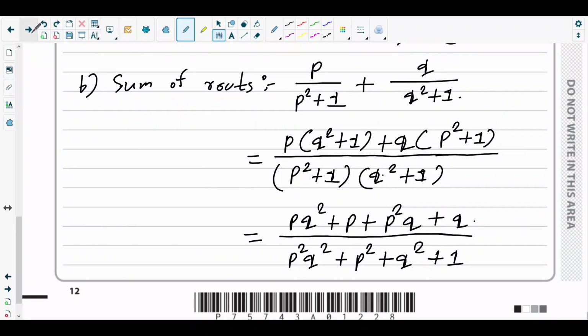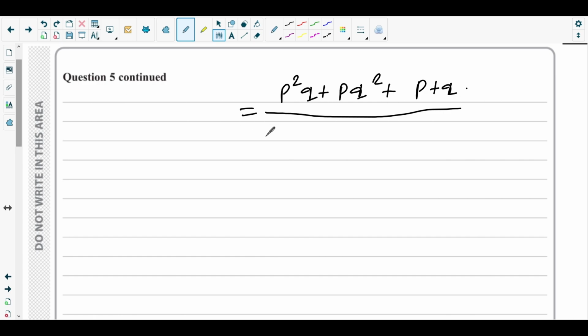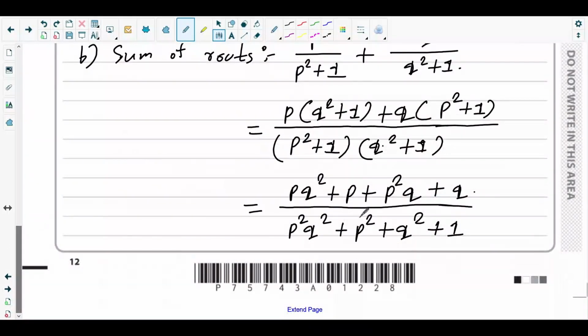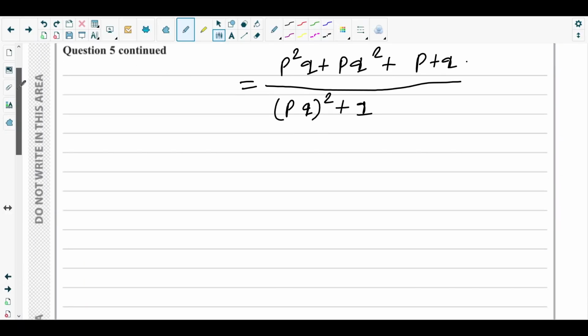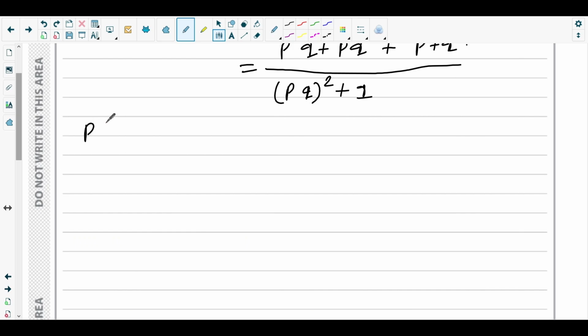Let me show you. p squared q squared can be kept as pq whole squared plus 1, and only for p squared plus q squared we will do some work. We know that p plus q whole squared is p squared plus 2pq plus q squared.